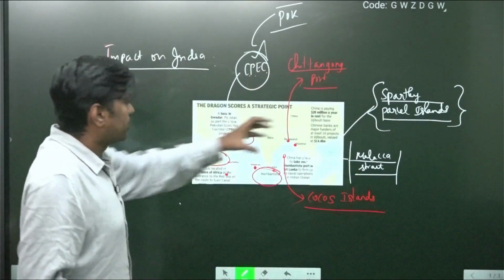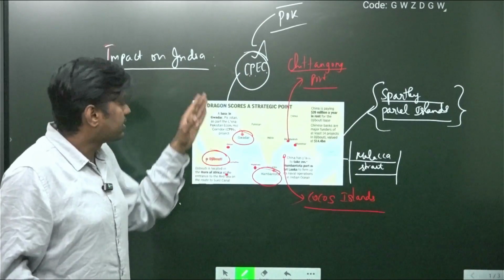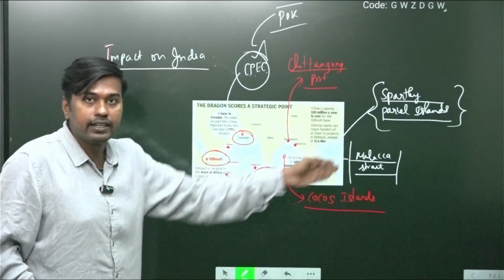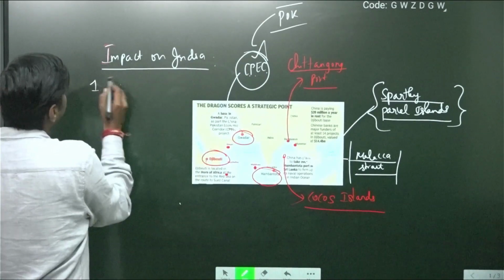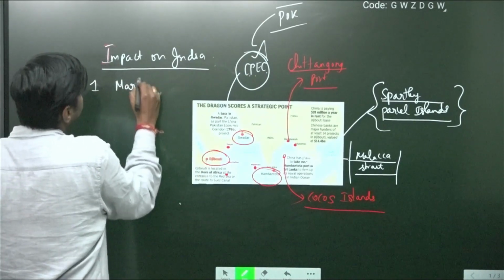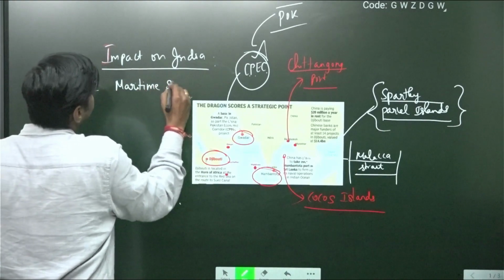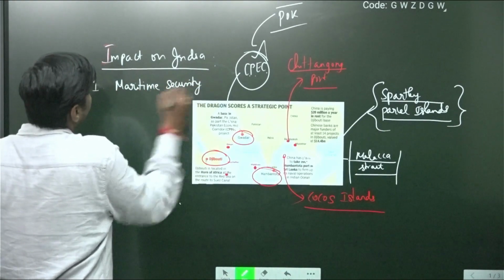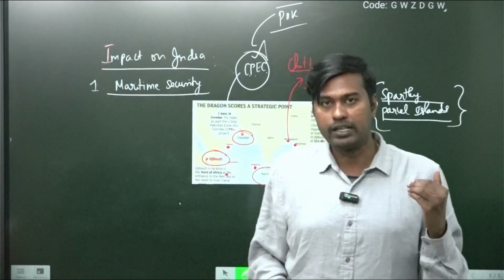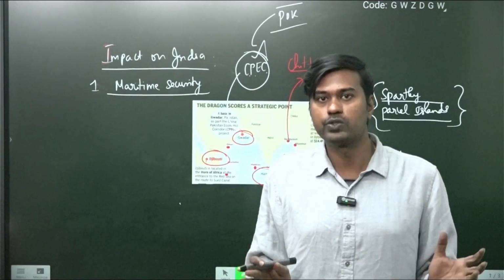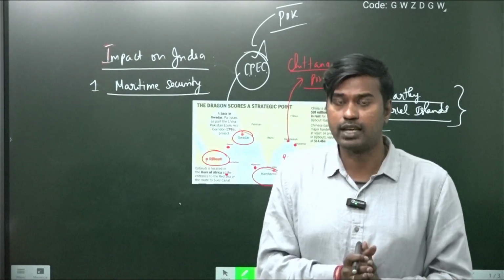Now coming here, after constructing this series of ports, a policy of encircling India continuously in the Indian Ocean region, it is first creating an impact on our maritime security. This is one thing India is very seriously concerned about, because we want our trade to happen in the Indian Ocean region without any disturbance or blockage.